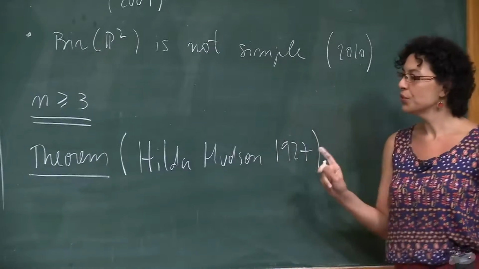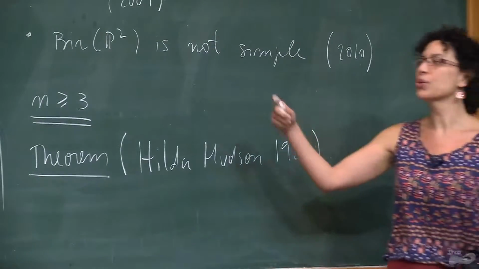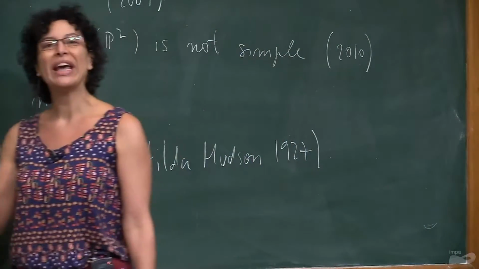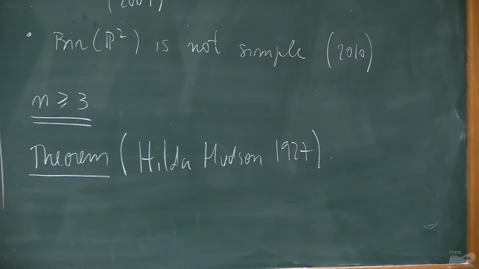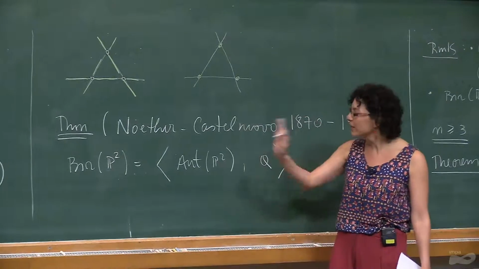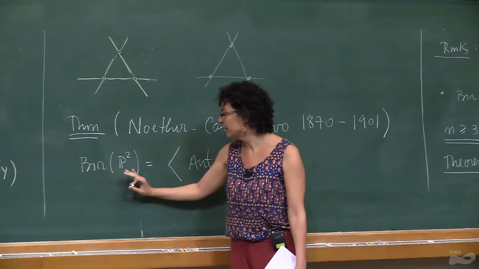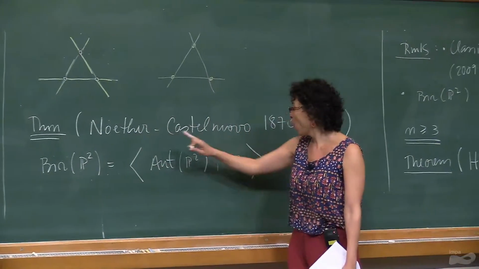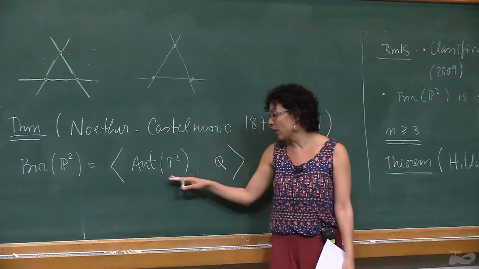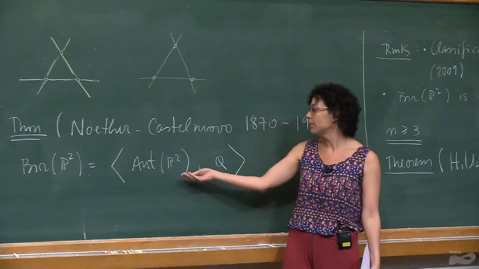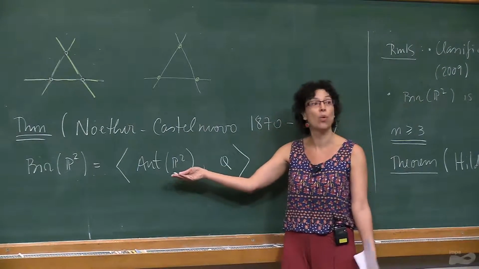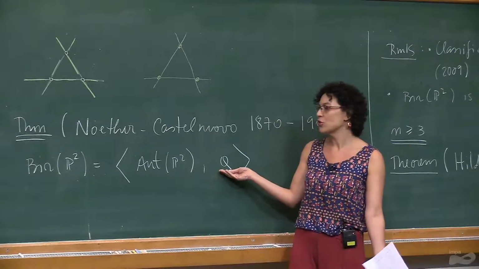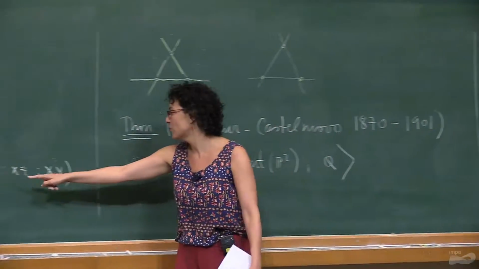She proved that in dimension at least 3, the Cremona group cannot be generated by elements of bounded degree. This is very different from the case of dimension 2, where the group is completely generated by automorphisms, which are maps of degree 1, linear maps, and this quadratic transformation, which has degree 2.